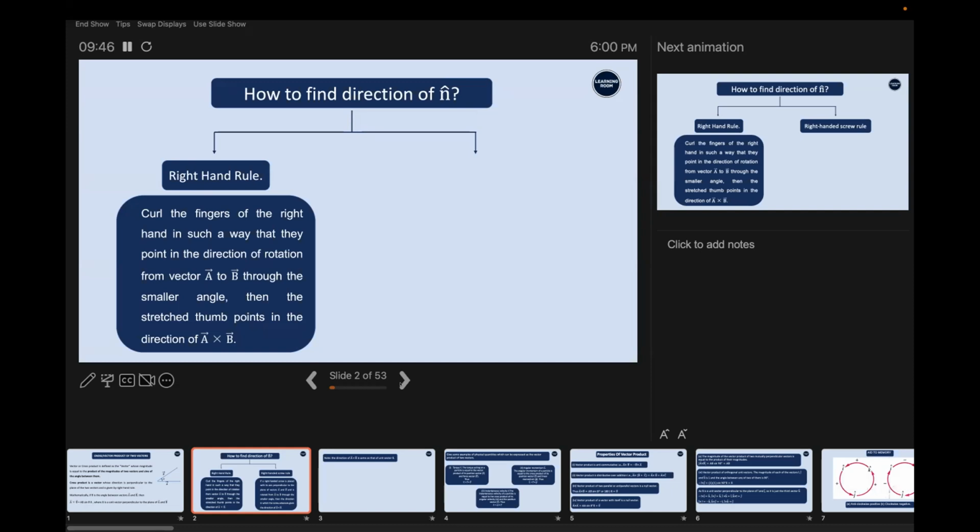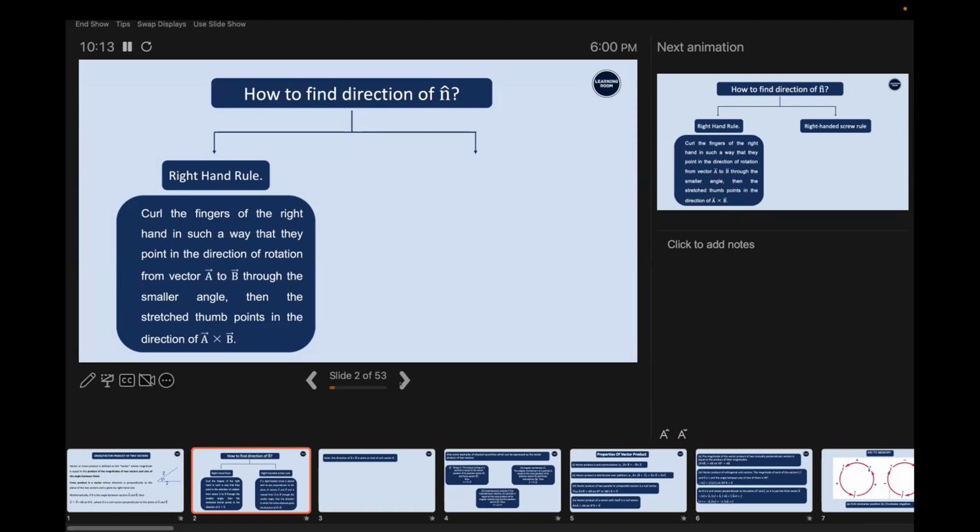If I do A cross B, I curl the fingers in the anti-clockwise direction. When you do B cross A, this is B vector and this is A vector. Curl the fingers of your right hand in the clockwise direction and extend the thumb. So the thumb is pointing into the plane. Did you observe this? When you do A cross B, you're getting one direction, and when you do B cross A, you're exactly getting the opposite direction.